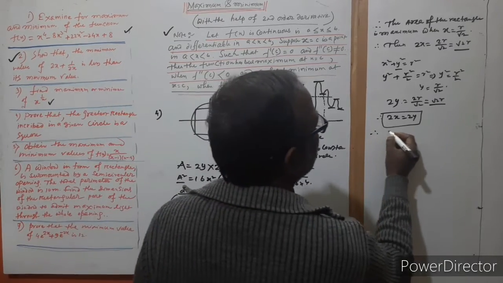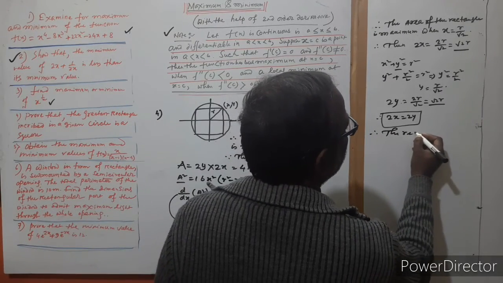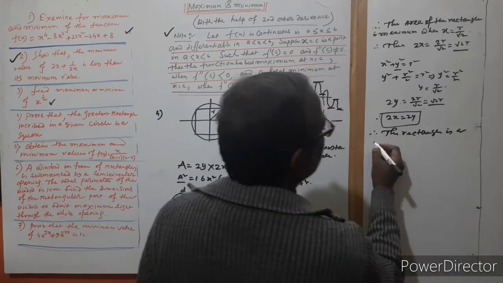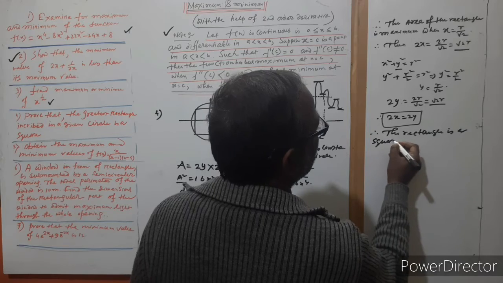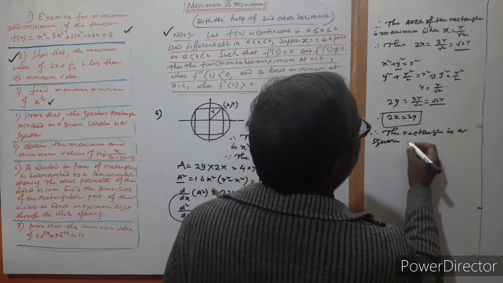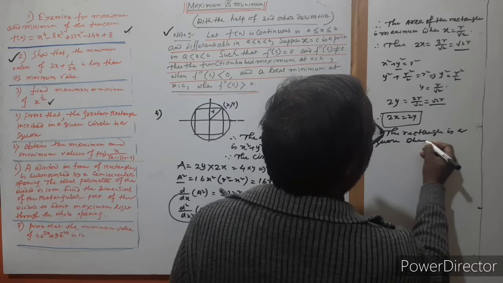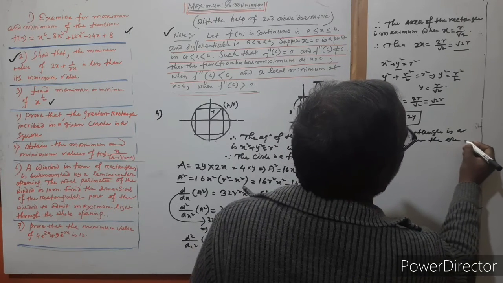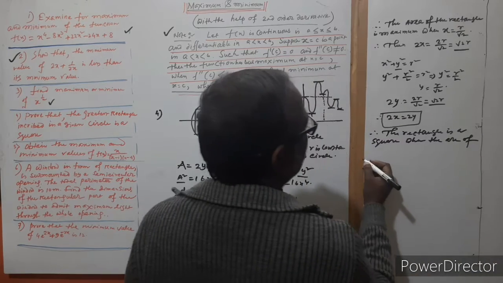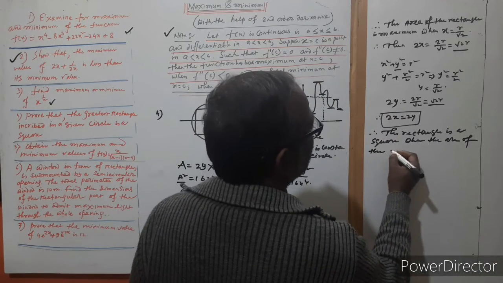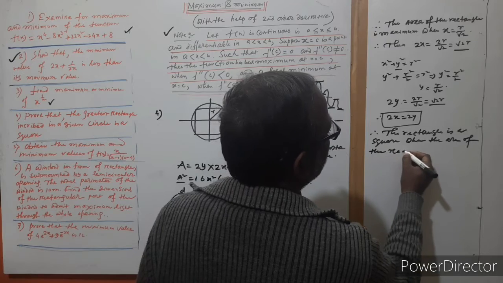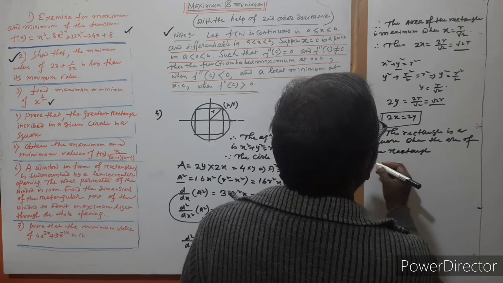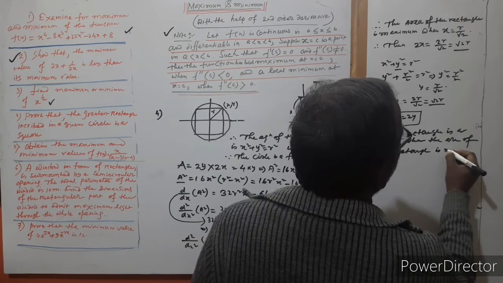Therefore, the rectangle is a square when the area of the rectangle is maximum.